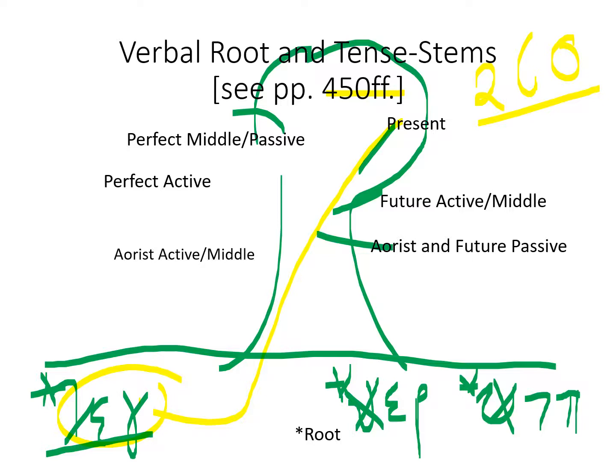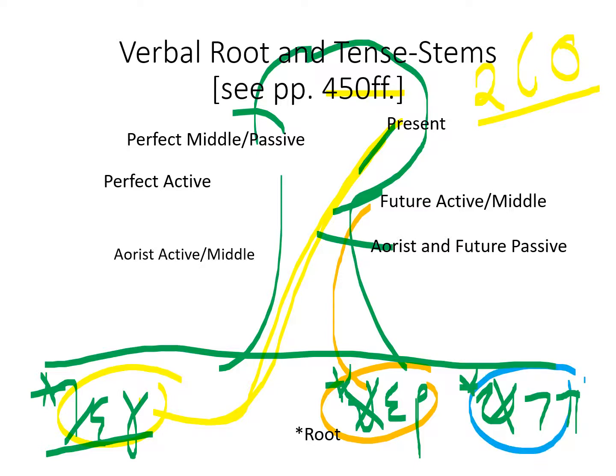and you can confirm that by looking at page 457. And notice here, lego is used for the present, but then er is used for the future active, and then the aorist uses ip for the aorist active and middle.